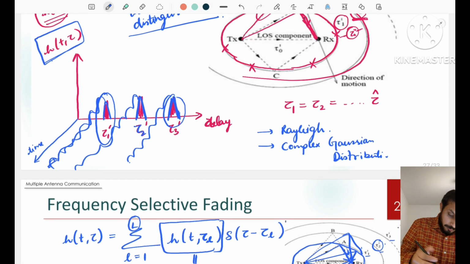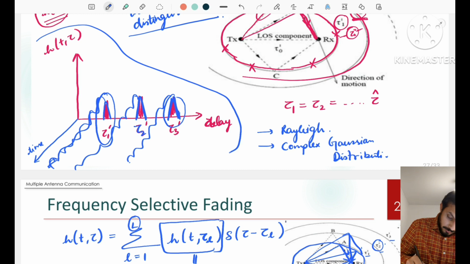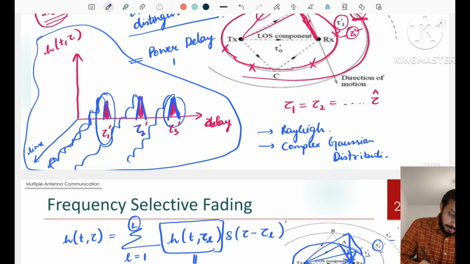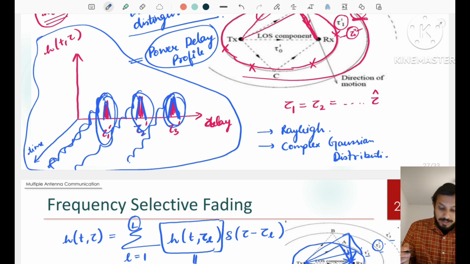And this kind of profile, where we see h(t, tau) as a variation of delay and time, is known as the power delay profile. And why is it called power delay profile? Because there is a profiling happening across the delay axis.